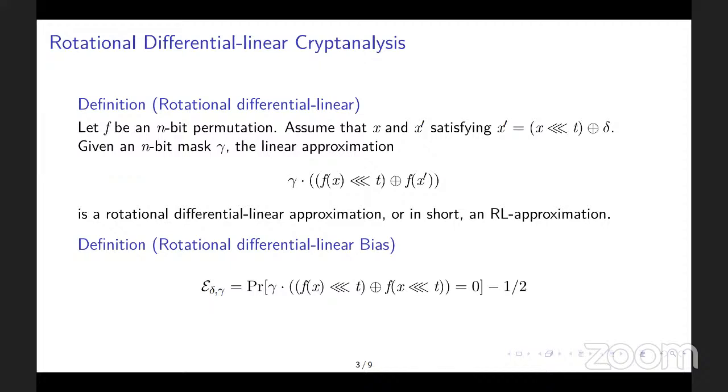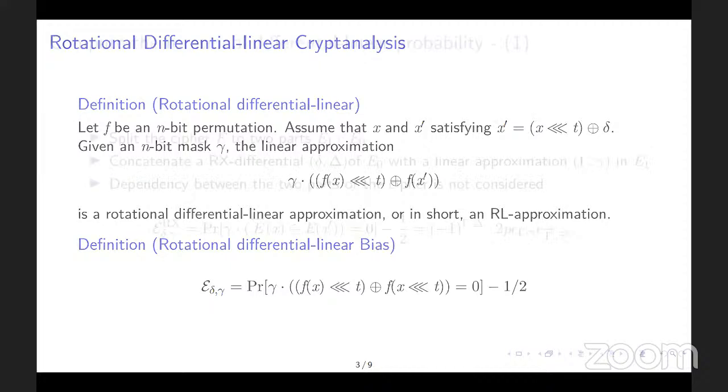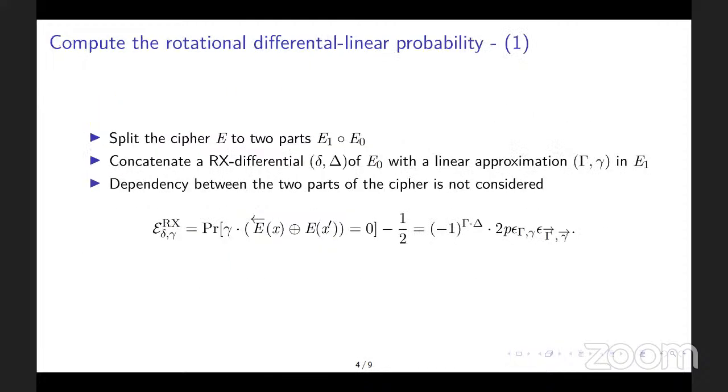And then we proposed three methods to compute the rotational differential linear probability. The first approach follows the differential linear method of separating a cipher into two parts and finding a good rotational differential and a good linear approximation to concatenate. And here we have a formula to compute the bias of the distinguisher.